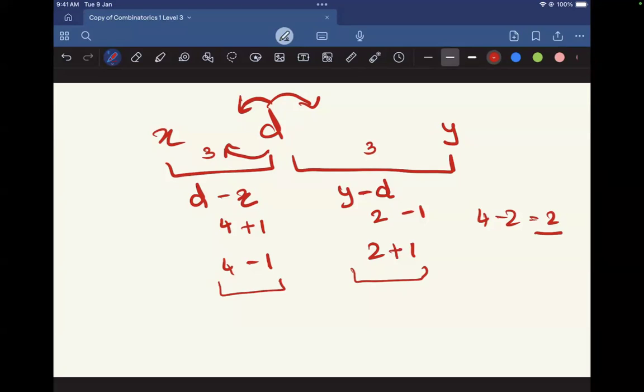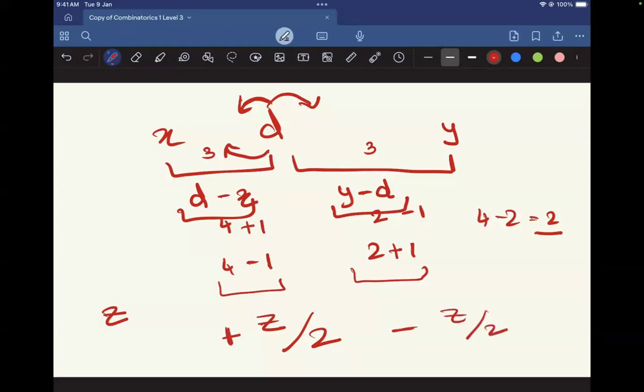So now can you see that if the difference between this and this is, let's say, Z, the number of operations I would do is Z by 2. Yes or no, guys? Because I would like to add Z by 2 to one of them and decrease Z by 2 from the other. Correct?